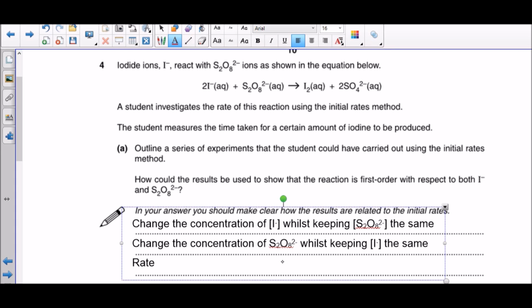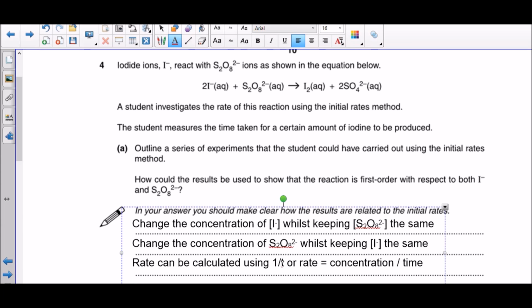So rate can be calculated using 1 over T, which you would have done in the experiment, or you could say rate equals concentration divided by time, either one of those for the third mark.